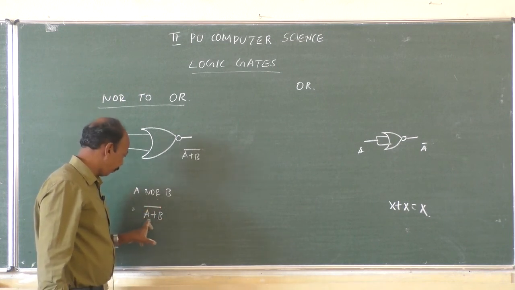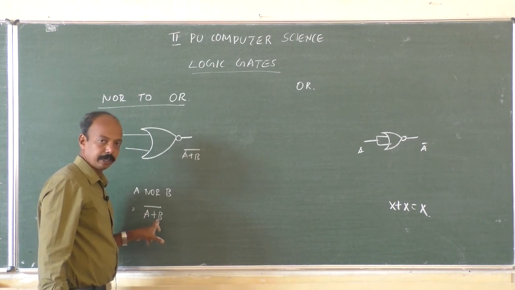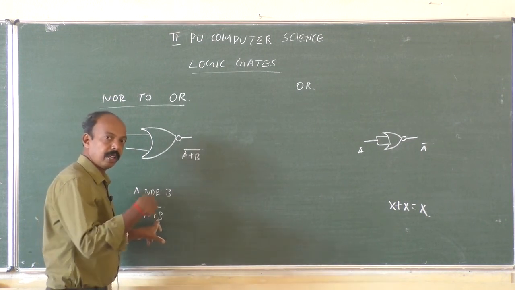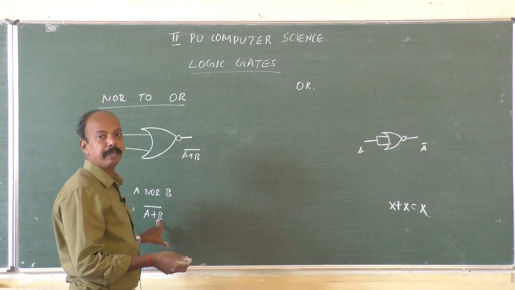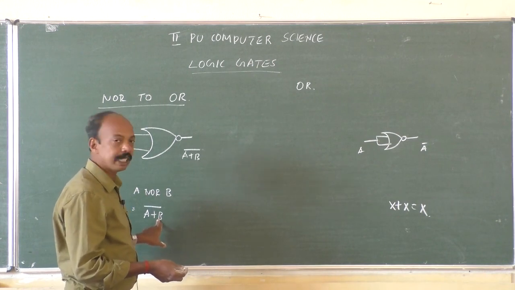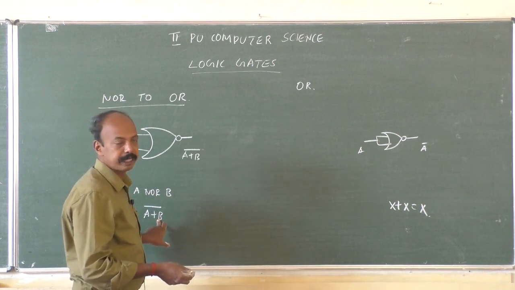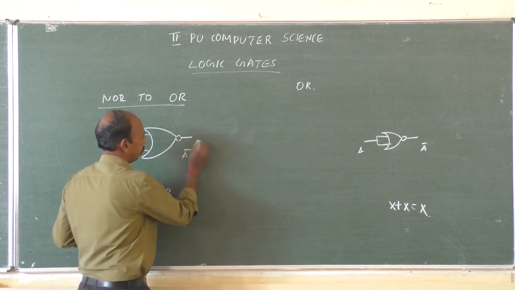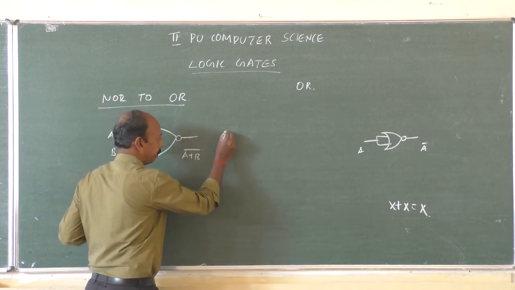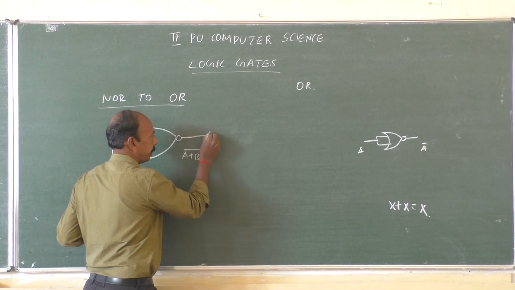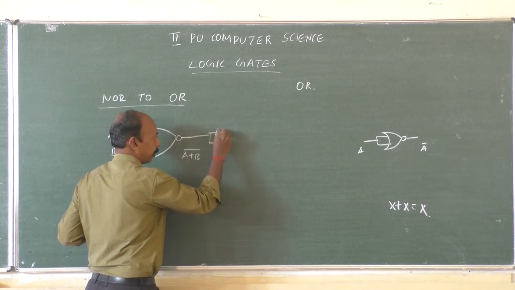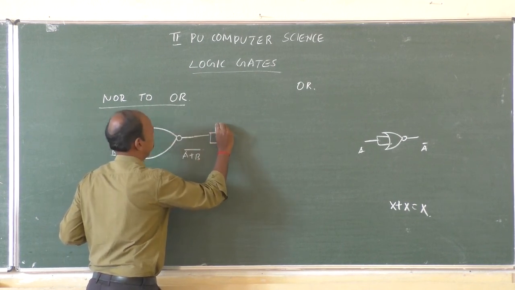So if we feed this as the input to the next NOR gate as the same input, then what we will get is A plus B, isn't it? That's why here also we need to do the same. So feed the same input to the next level NOR gate.